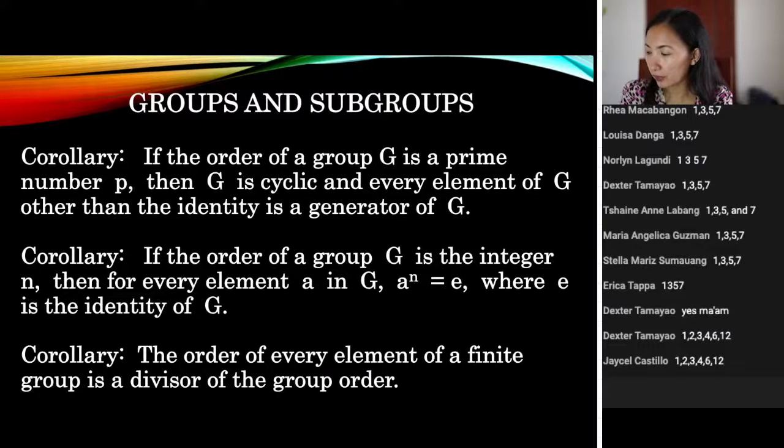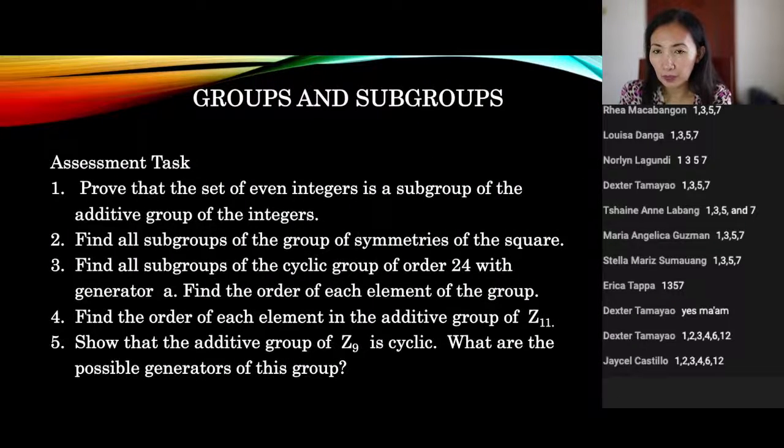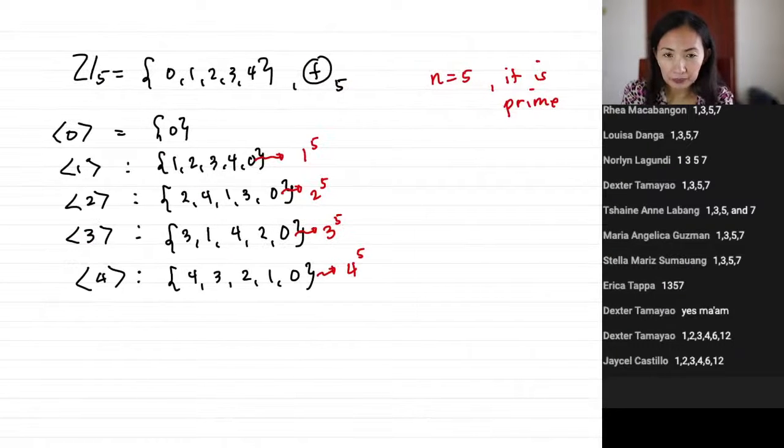It's a divisor of the order of the group. Other questions at this point? Naintindihan nyo naman. So A raised to n gives the identity element.